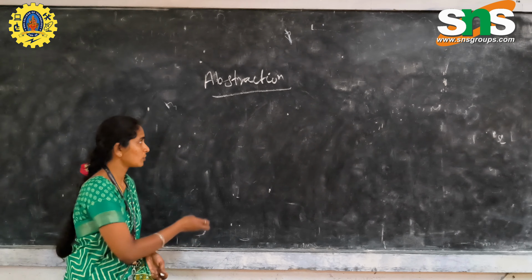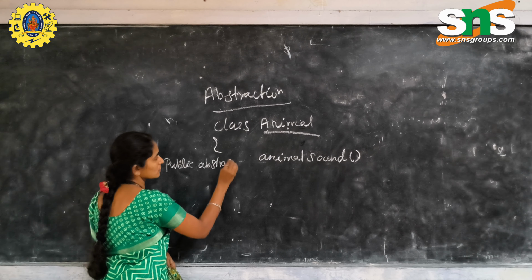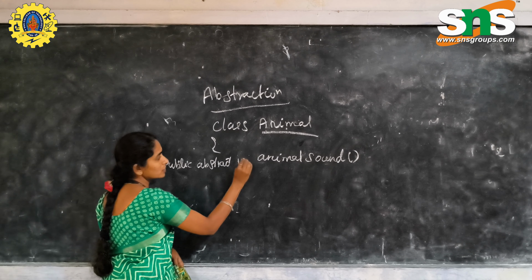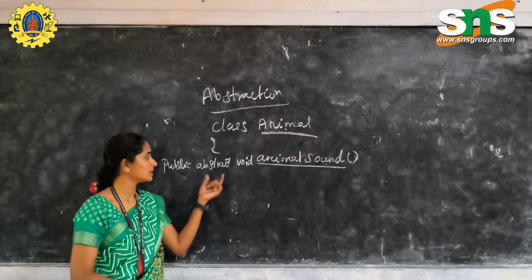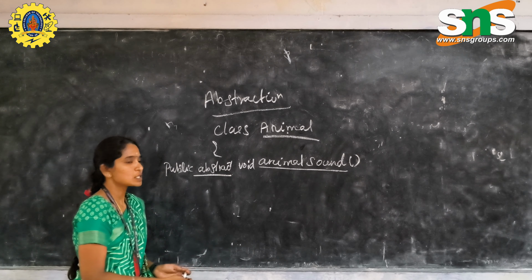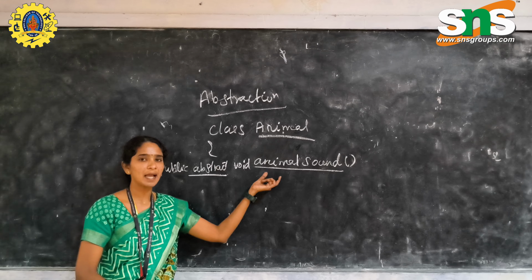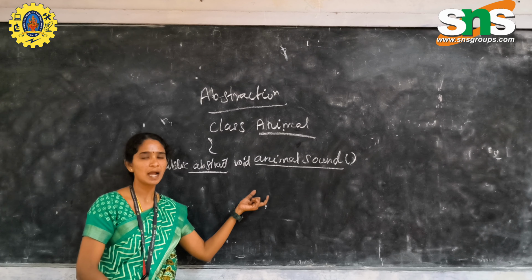In this method, I put the abstract keyword in front of the method name: public abstract void animalSound. When I give this keyword as abstract, this method can be used only when the user needs it.